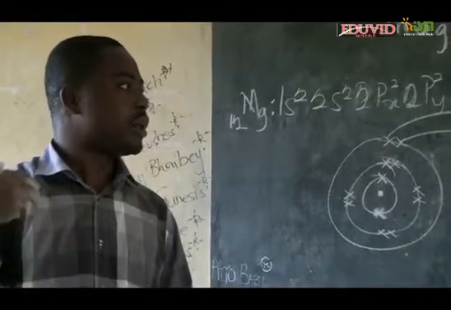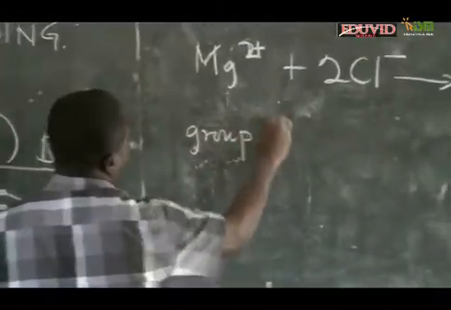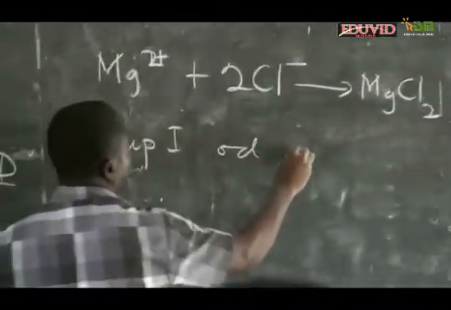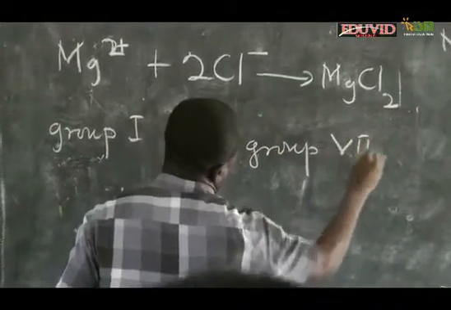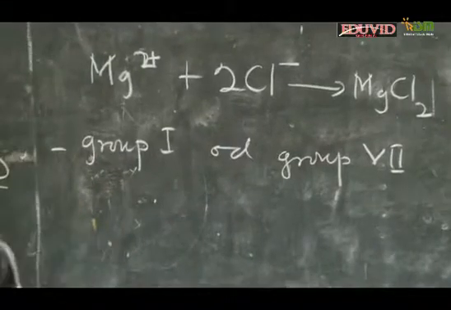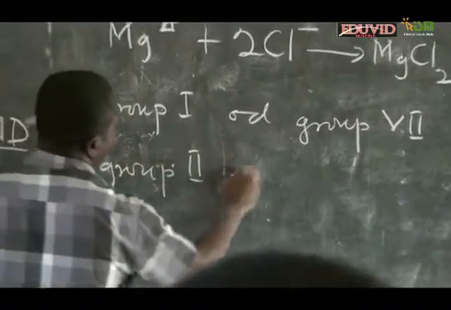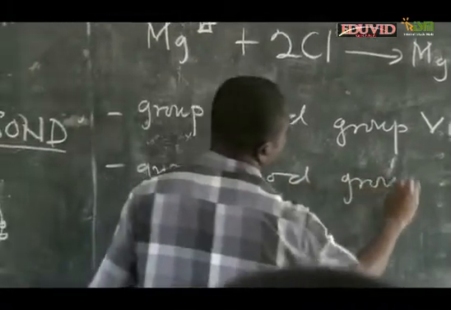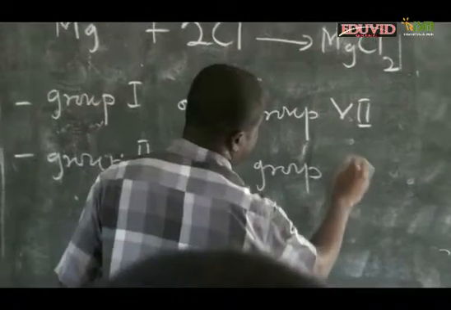So you can form ionic compounds between group 1, so let's take note of that, group 1 and group 7. They can form ionic compounds. Group 2 and group 6 elements, right? Group 1 and group 6 elements.